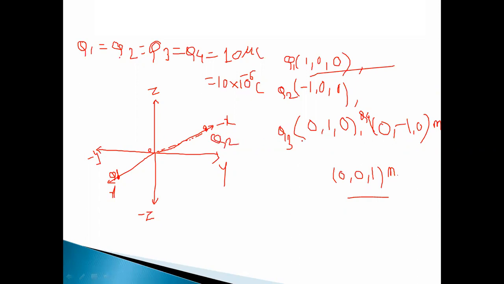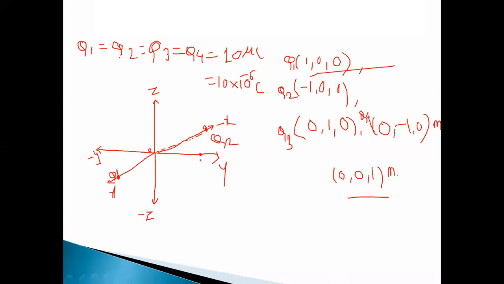Then Q3 coordinates are (0, 1, 0), meaning x is 0, y is equal to 1, z is equal to 0. This charge Q3 is located on which axis? Positive y-axis.